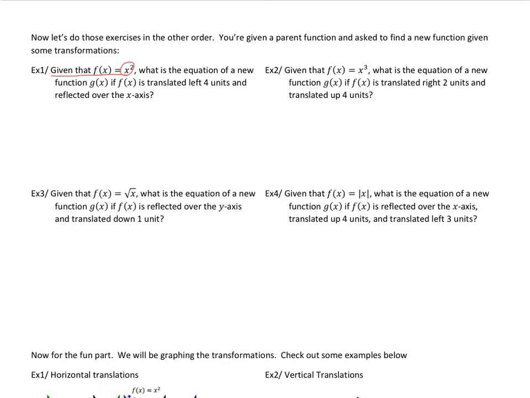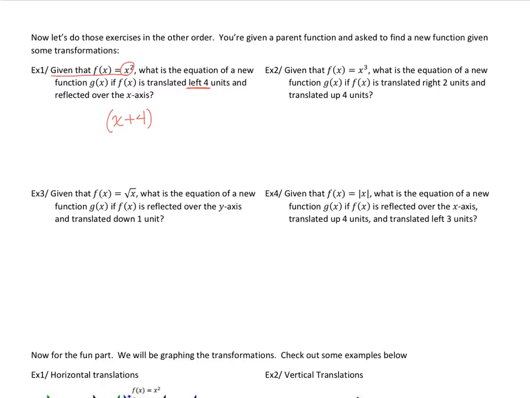So translated left or right, that means that this number should be paired up with x, maybe in parentheses. Well, I guess since we have a quadratic, it's going to be a set of parentheses. So left 4 units, you're going to want to write a -4, but this will actually be an x plus 4. That's what will tell you left 4 units.